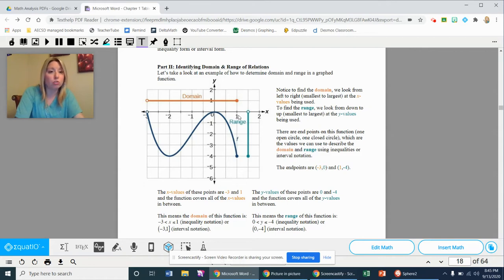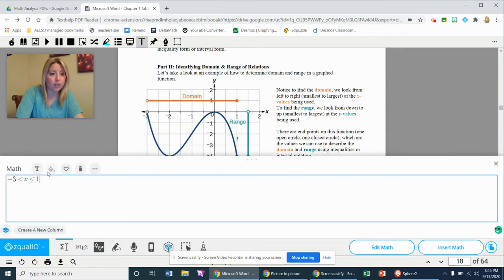So domain is usually an easier one to read and figure out. So on this one, we've got -3 as the lowest x value we use. We keep going and going and going, covering all these x values, and the highest x value we use and where we stop is 1.